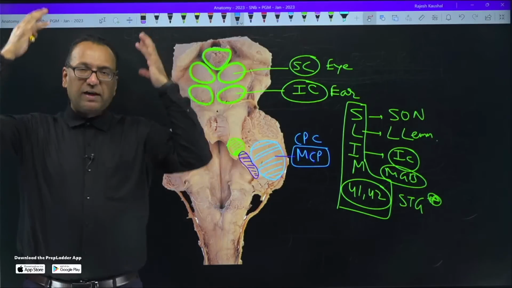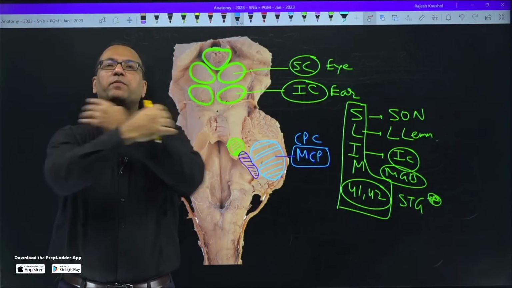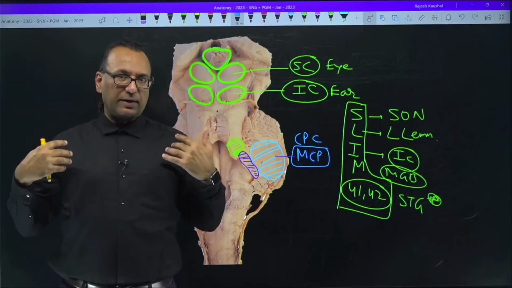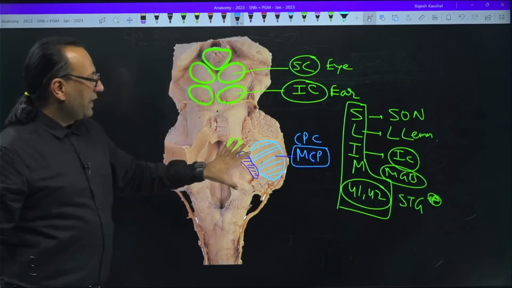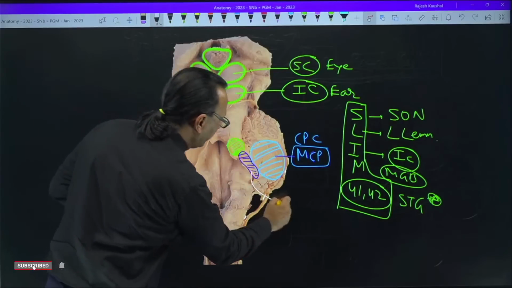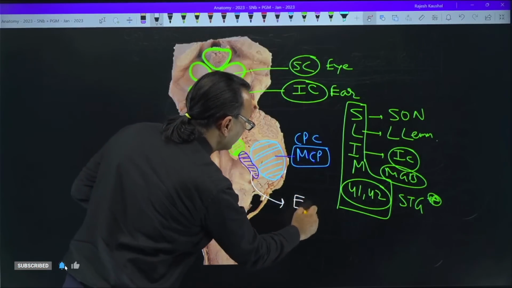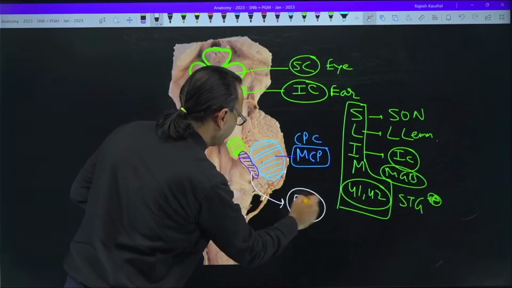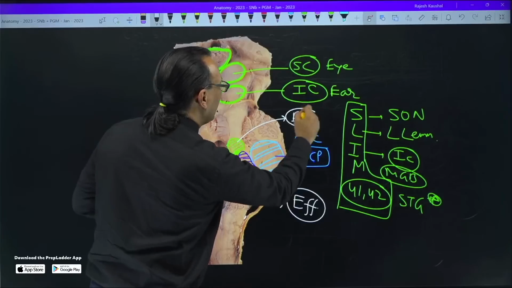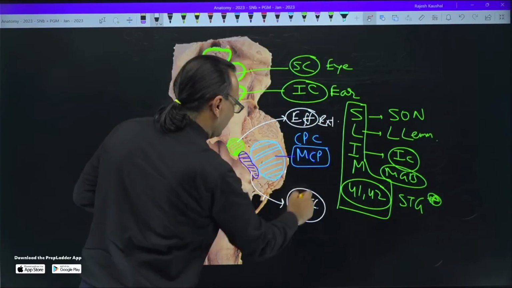That means middle peduncle is mostly incoming or afferent fibers. Afferent means arrival, incoming. Whereas the superior cerebellar peduncle is efferent. Efferent means exit, the outgoing.